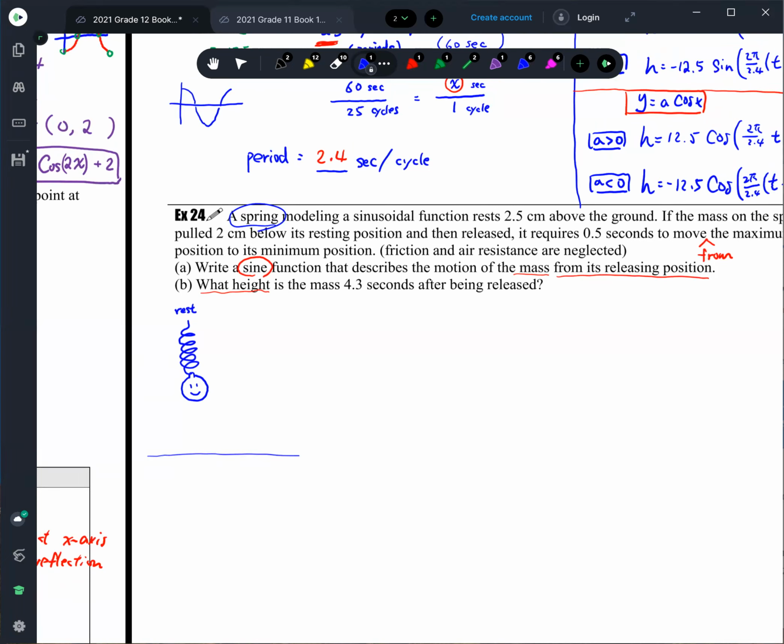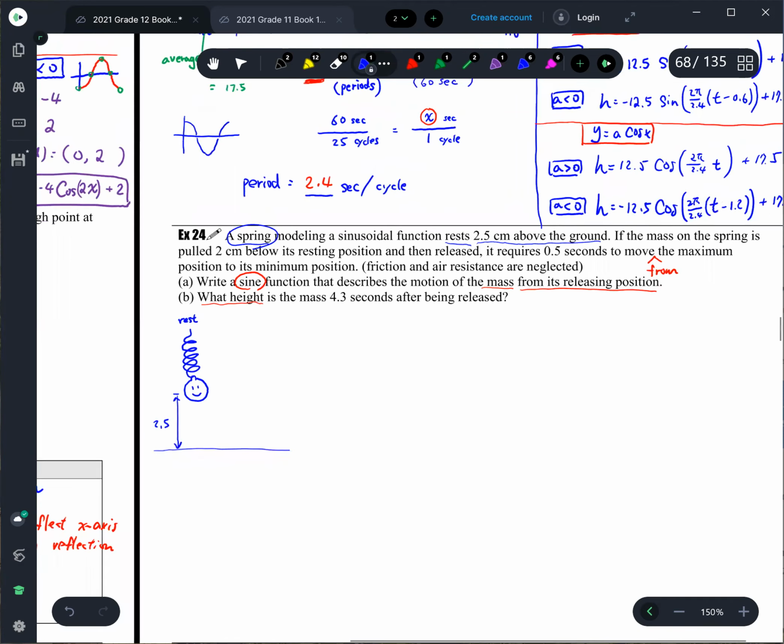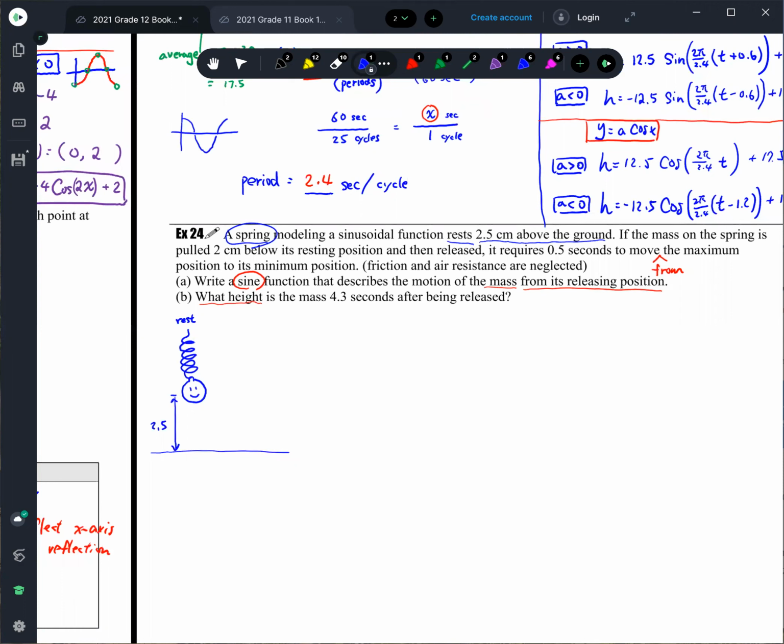Okay. So right now it's resting 2.5 centimeter above the ground. So here to here, 2.5 cm. If the mass on the spring is pulled 2 cm below its resting position, so I want to pull this weight down by 2 centimeters, right? 2 cm below the resting.